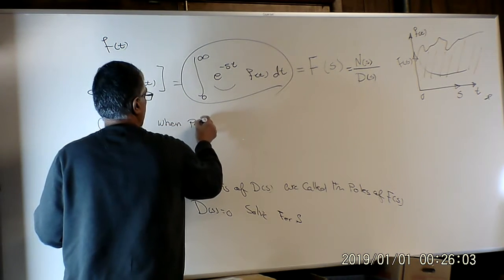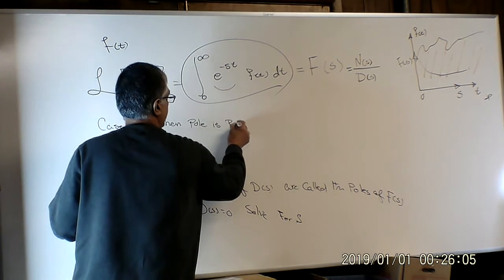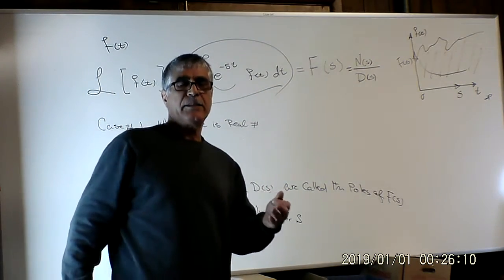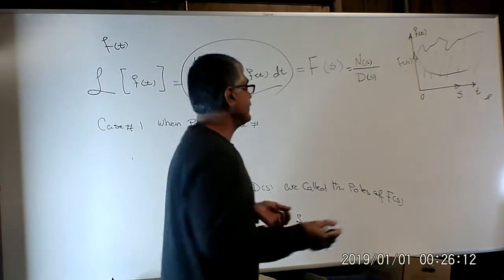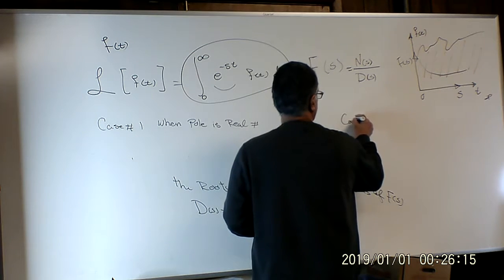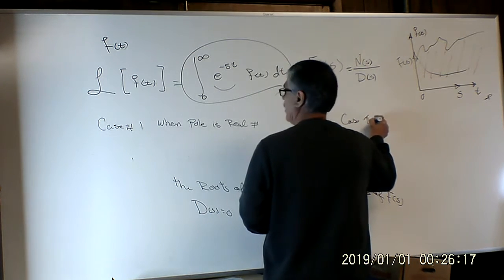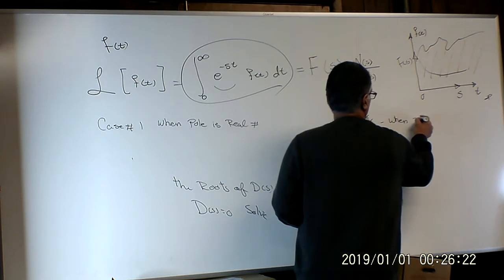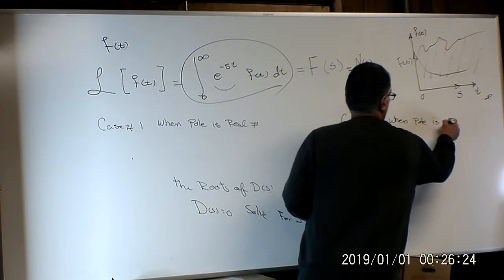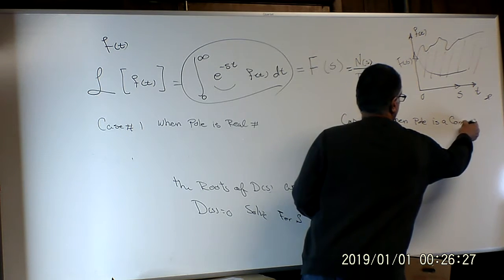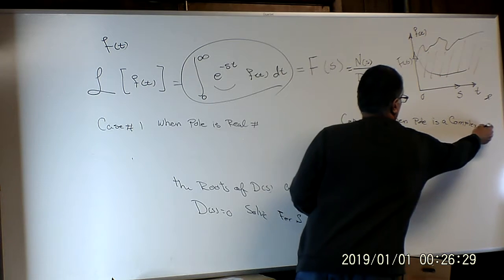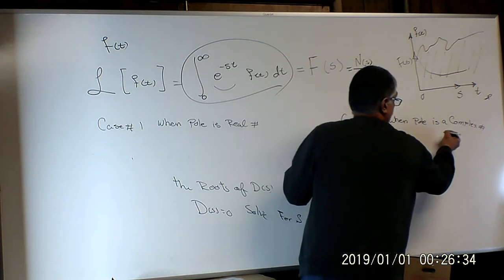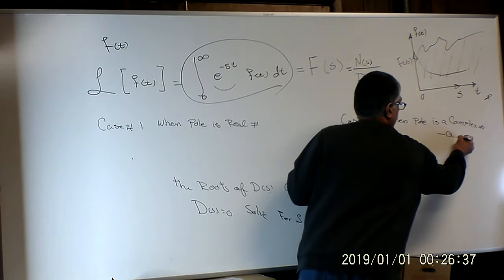Our second case is when our pole is a complex number, meaning a number in the form of minus a plus jb.